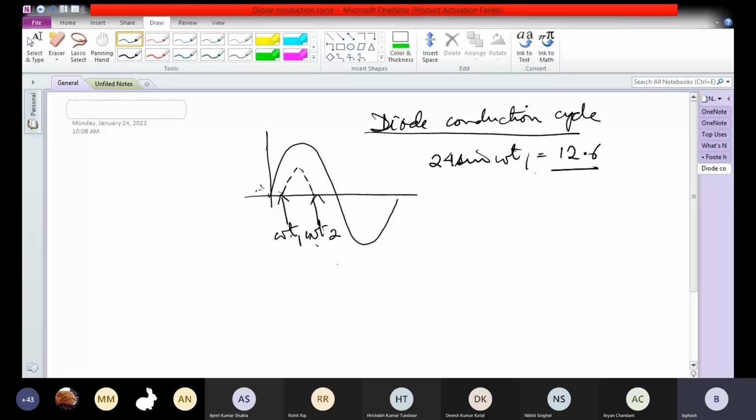A moment before, the diode was not conducting, so there was no drop across R. So 24 sine omega t1 is 12.6, and omega t1 will be sine inverse of that.